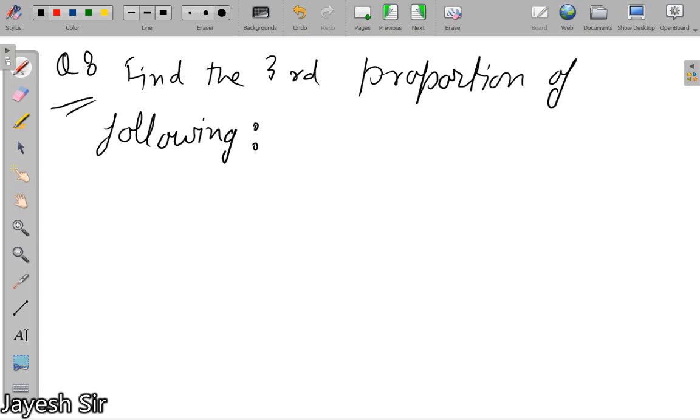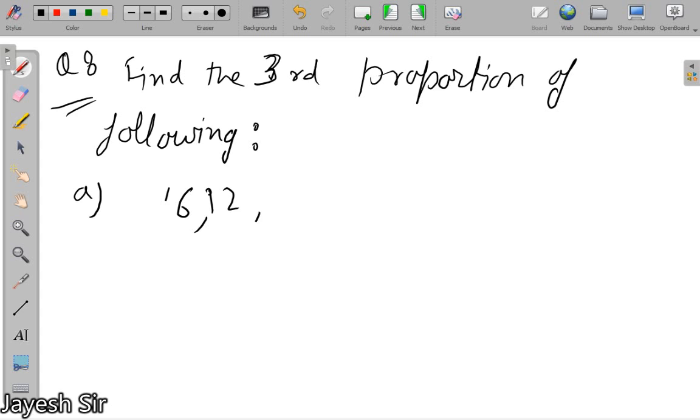In this, I am doing one part, understand it well and try to do the other parts by yourself. A part is 16, 12. We have only two terms, we have to determine the third proportion.